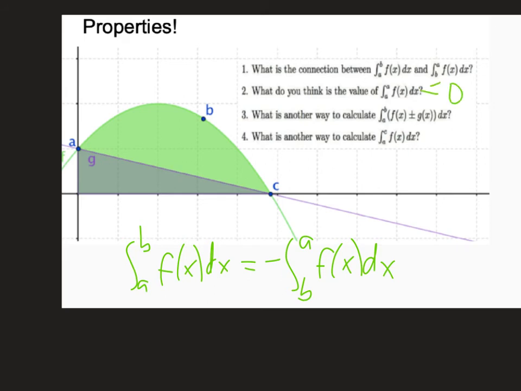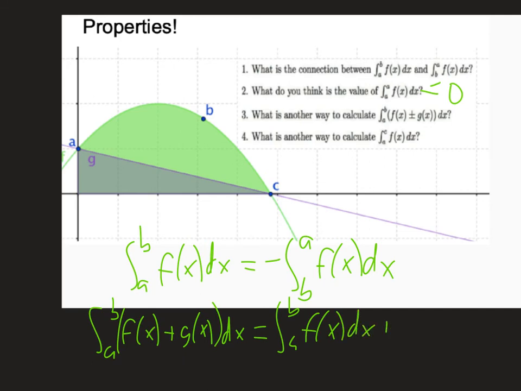What's another way to calculate? The integral from a to b of f of x plus (or minus) g of x dx is just going to be the integral from a to b of f of x dx plus (or minus) the integral from a to b of g of x dx. You should be thinking of limit properties, derivative properties, and summation properties, because they're all the same.